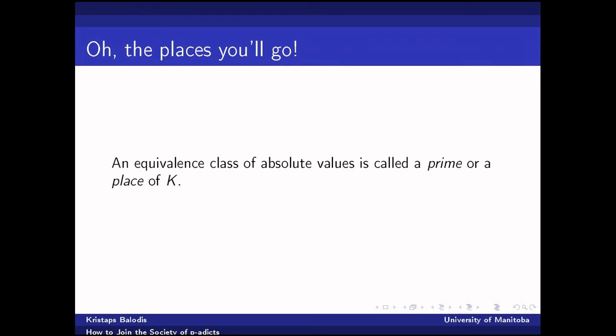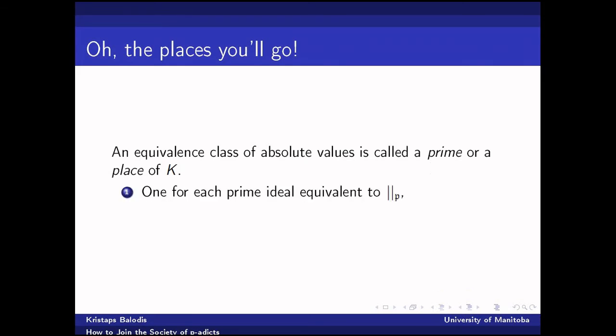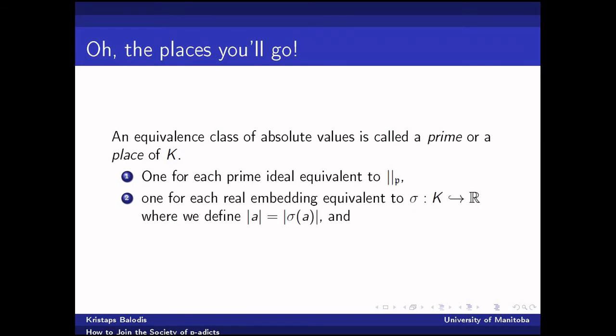At least the prime terminology is motivated by the fact that we get an absolute value, and in fact thus an equivalence class, for each of the prime ideals in the ring of integers. We're also going to get one, of course, for each real embedding. So for every real embedding of our number field into the real numbers, we just take the obvious Euclidean norm.